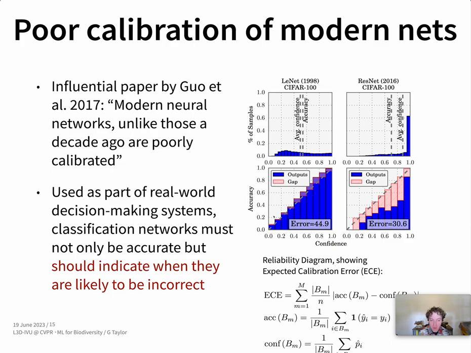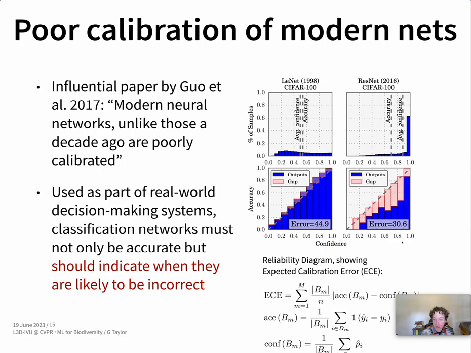Then they look at, for the predictions at every particular confidence level, how accurate they were. If the model is perfectly calibrated, of course, we would expect it to line up right along this diagonal here. And they find that for the older models, that's generally true. It follows the diagonal quite well.